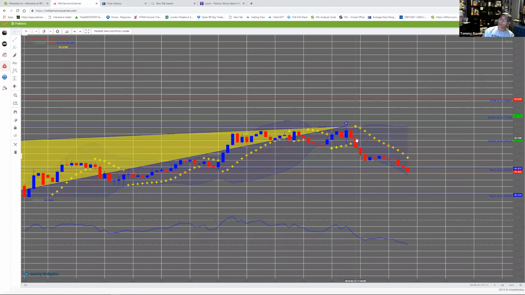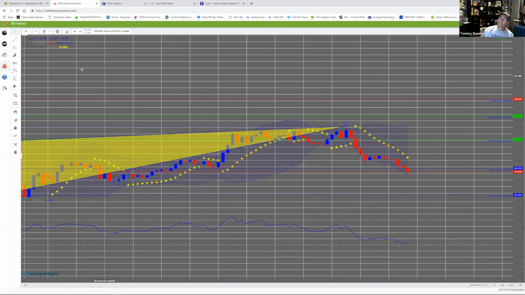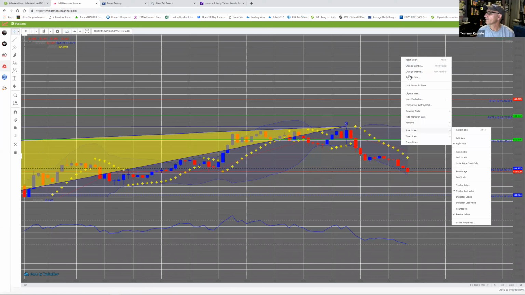So this is my yellow SAR. I like SAR so much, I use 2 of them. So I go back to indicators. I just type in SAR again. And I have to go back to a white screen because now I can't see.